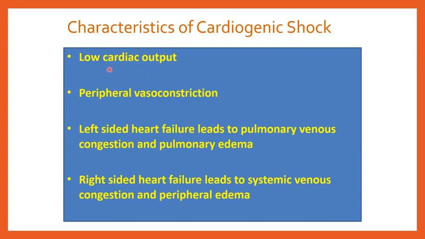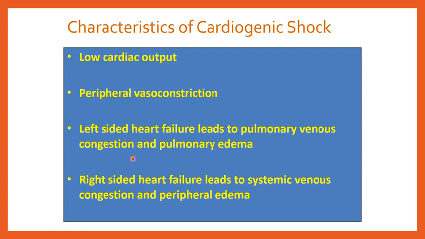The features of cardiogenic shock are low cardiac output, peripheral vasoconstriction, and left-sided heart failure leading to pulmonary venous congestion and pulmonary edema, and right-sided heart failure leading to systemic venous congestion and peripheral edema. If the left side of the heart fails, it leads to lung damage, that is, the blood in the lungs will be congested.